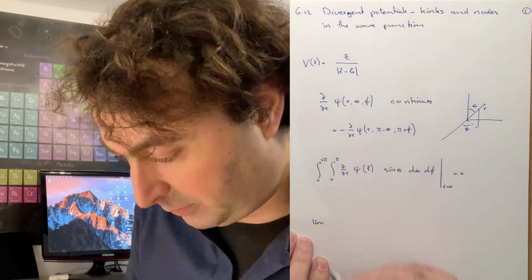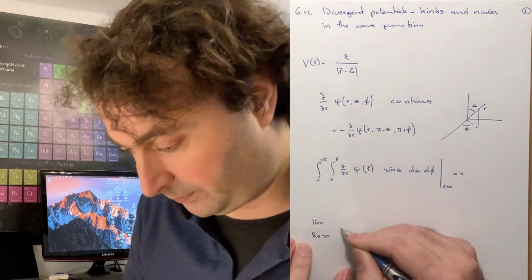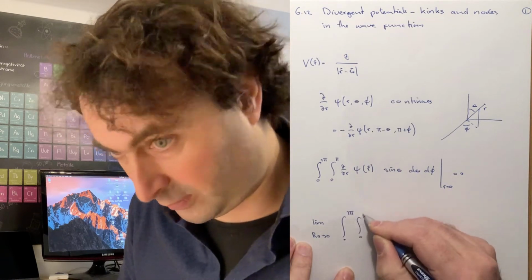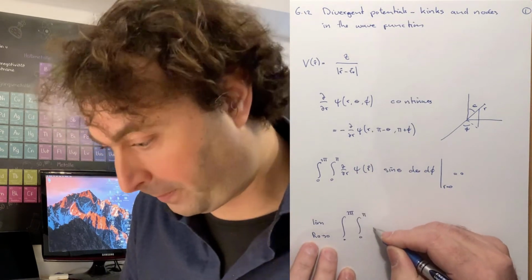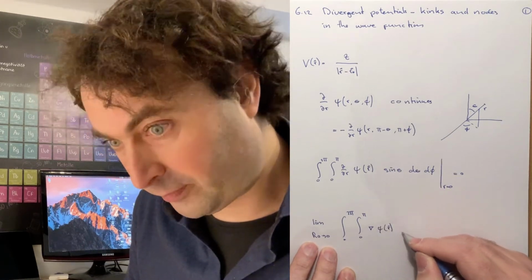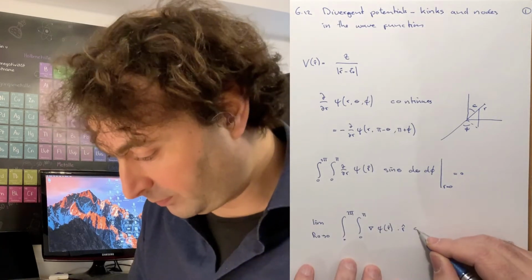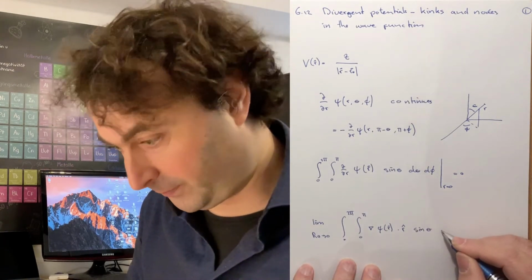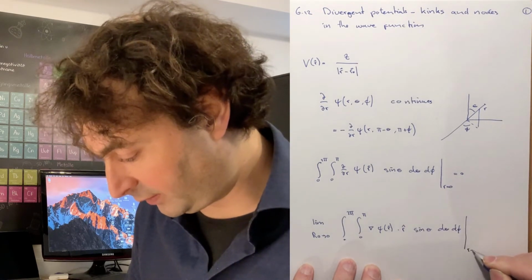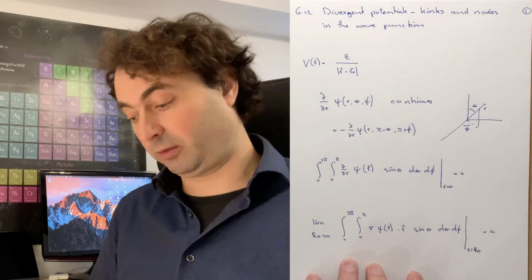Or we have a limit of r0 going to 0 of the integral from 0 to 2 pi, 0 to pi of the gradient of your wave function dot with the radial vector, sine theta d theta d phi, evaluated at the radius r0, has to be equal to 0.